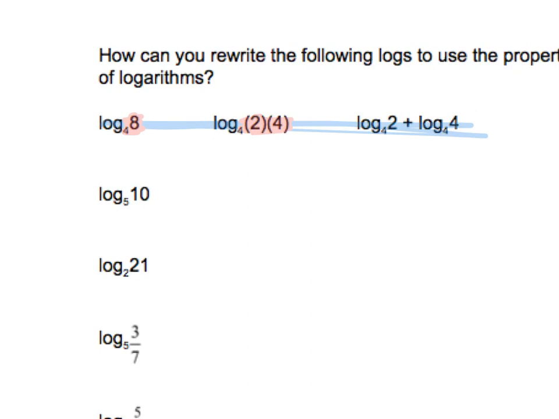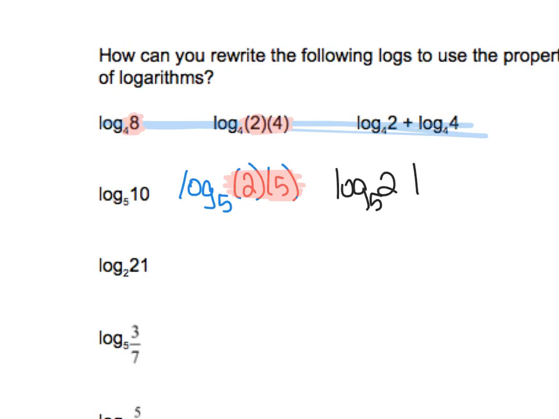If we had log base 5 of 10, I'm thinking, okay, a factor pair of 10 would be log base 5 of 2 times 5. If I have these two numbers being multiplied together, 2 times 5, I can break it apart into log base 5 of 2 plus log base 5 of 5.